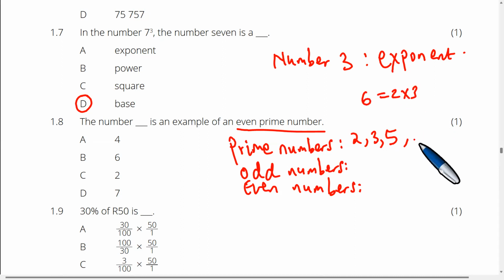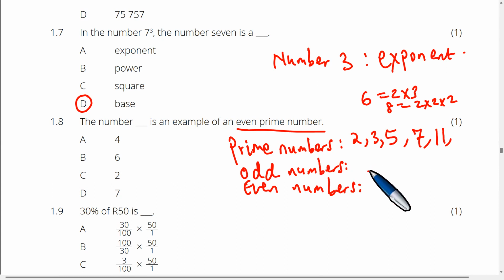But 7 is a prime number. 8 is not because 8 is 2 times 2 times 2. 9 is not because it's 3 times 3. 10 is not because it's 5 times 2. 11 is prime. These are some of the prime numbers.